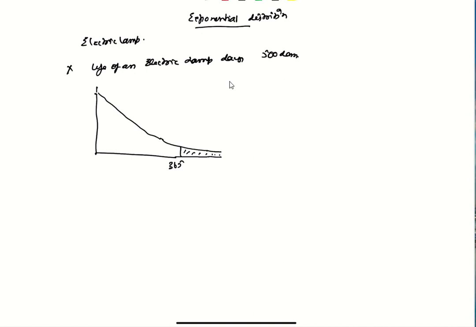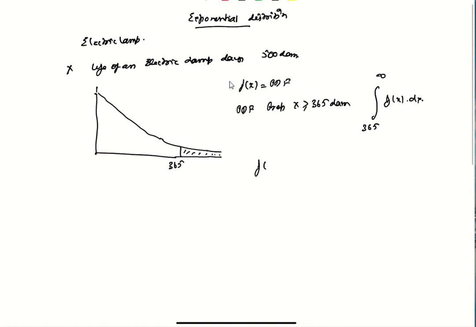Okay, so f of x is the PDF, and we want to know the probability of x more than 365 days. So that is the integral from 365 to infinity of f(x) dx. Then you need a formula for the PDF of the exponential distribution.